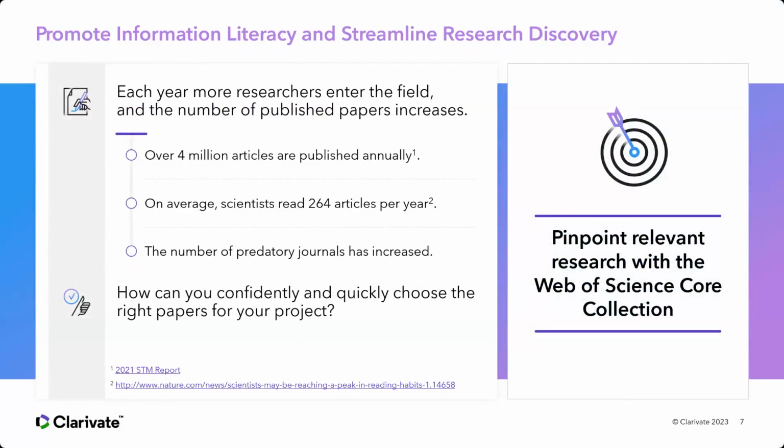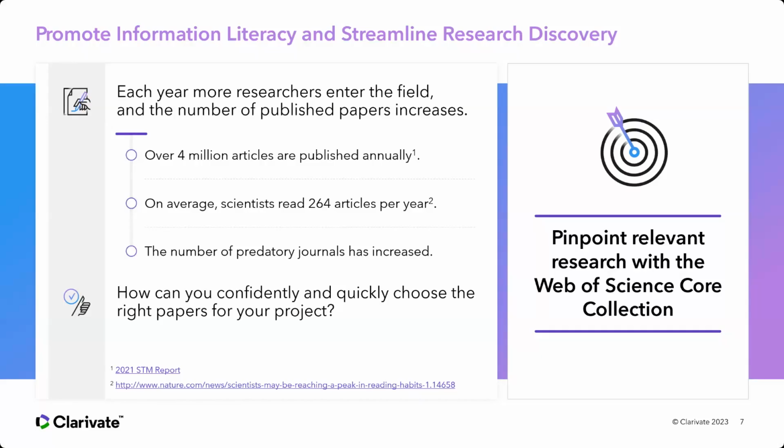Within the Web of Science core collection, we do have a large number of content, but we also acknowledge that you as researchers do not have time to read every single article in the database. So within the Web of Science system, we do have analytical tools that help you to pull related and relevant content faster and at a more efficient pace.